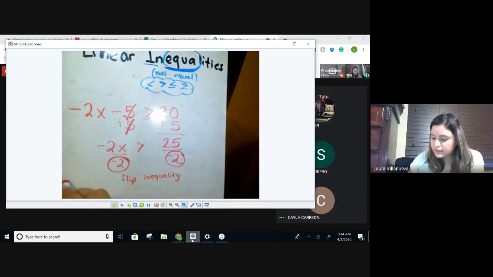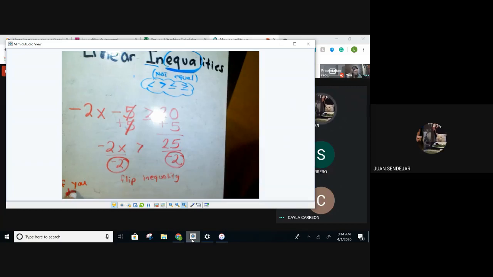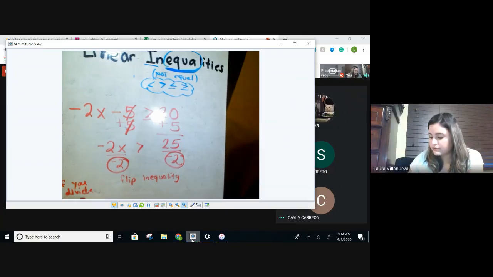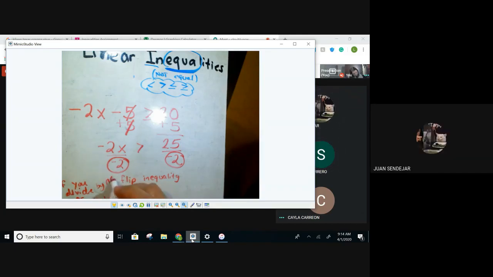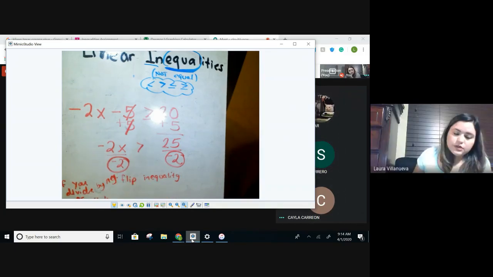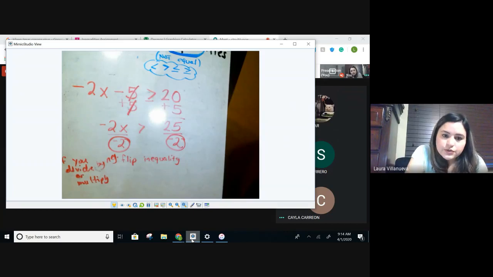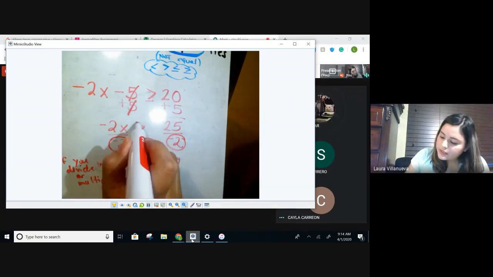Actually, it's both, divide or multiply by a negative, you're going to flip the inequality. So it's not going to be greater than anymore.